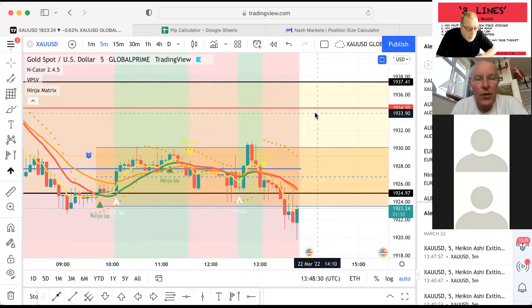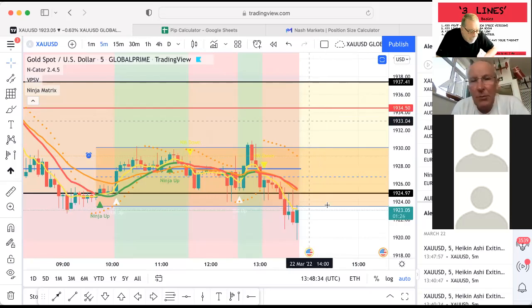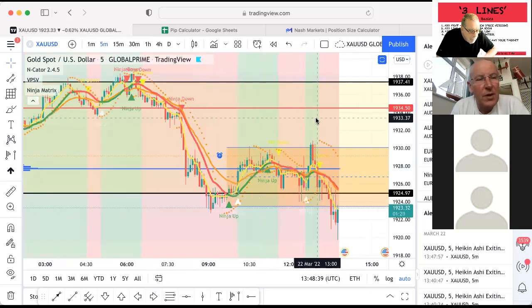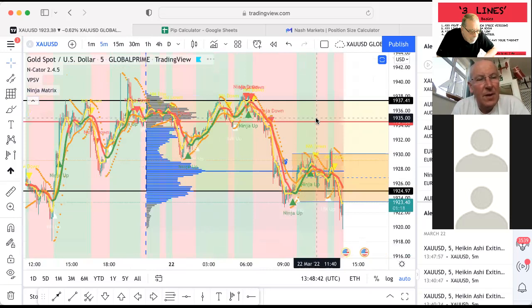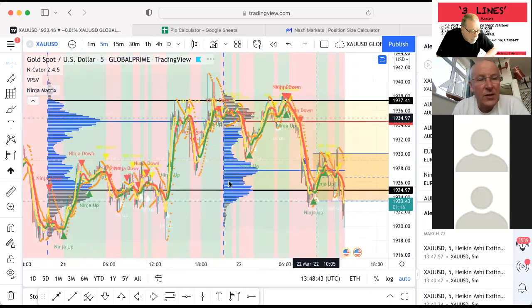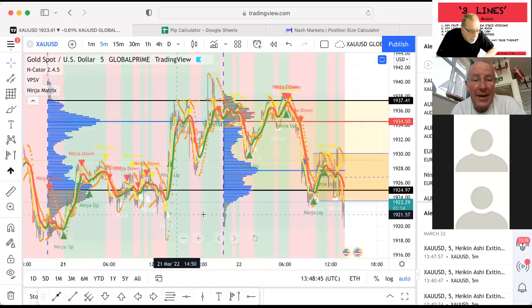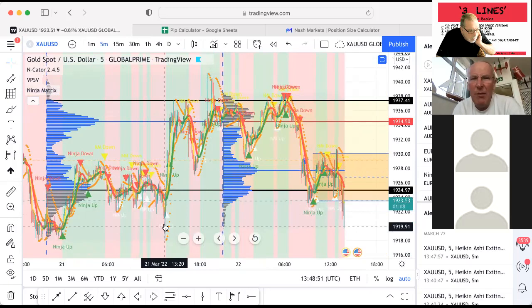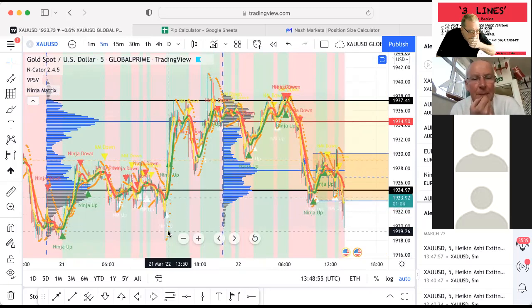If you go where the price is now, I've got a separate chart open. If you go back to where this shot up yesterday, there's a banker's candle on that big up move above your 12. That's where that down move came right the way down this morning and pretty much mitigated it.